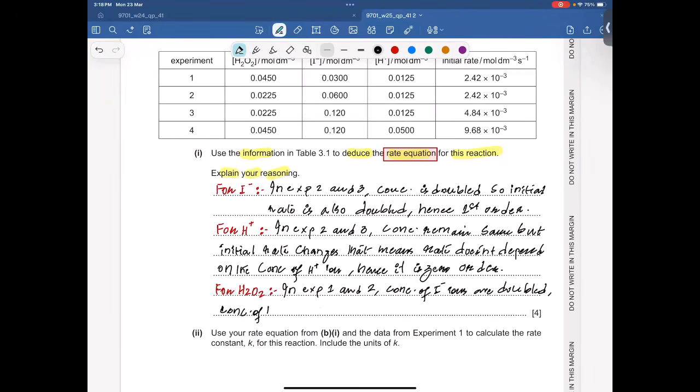The concentration of H2O2 becomes half, while the concentration of hydrogen ion and rate will remain same. Hence, it is first order.